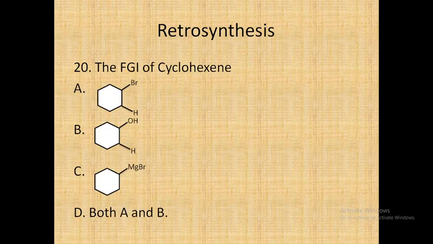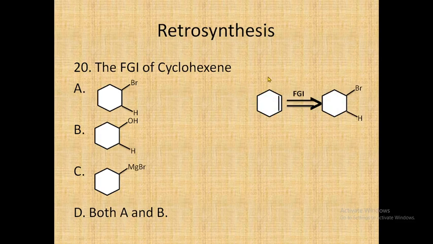The FGI of cyclohexene. So cyclohexene, the ring is having a double bond. Options are given there: bromocyclohexane, then cyclohexyl alcohol, then cyclohexyl magnesium bromide, and last is both A and B. So what will be the answer? First see the structure of cyclohexene: the 6-member ring is having one double bond.